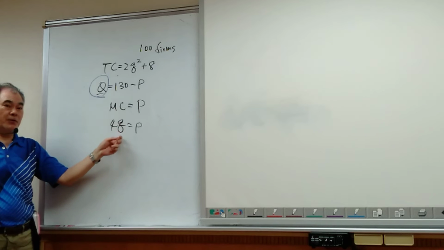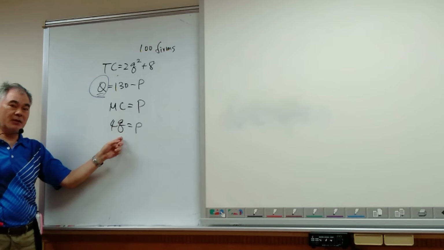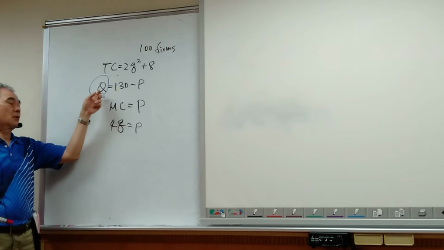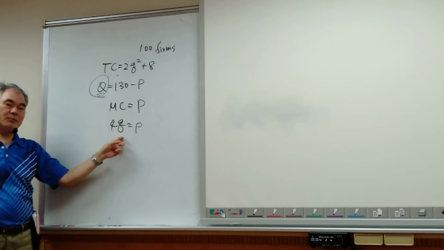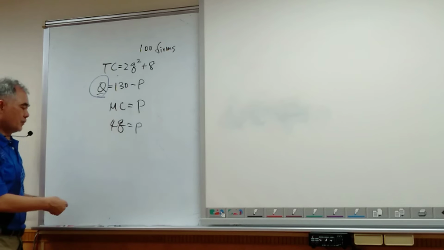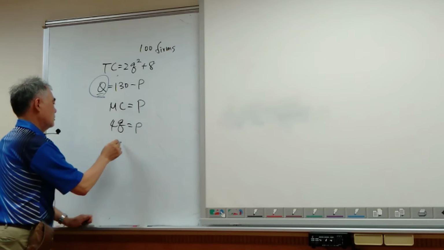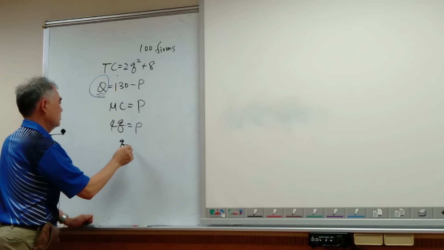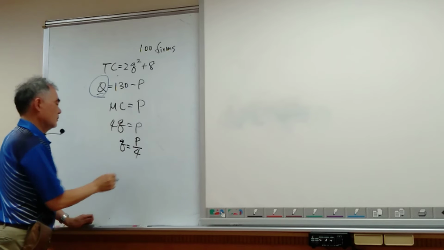The production volume of an individual firm is not equal to the market, because you have several firms in the market. We have 100 firms. So then P, so q is equal to P over 4, right?